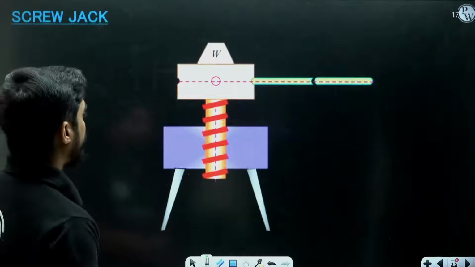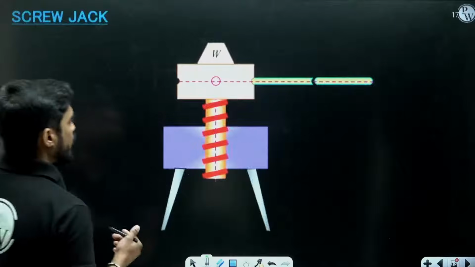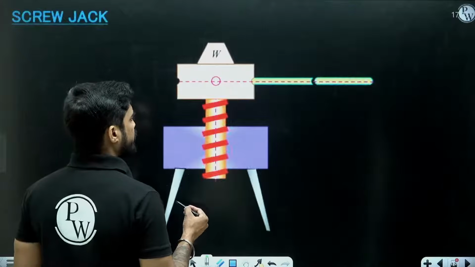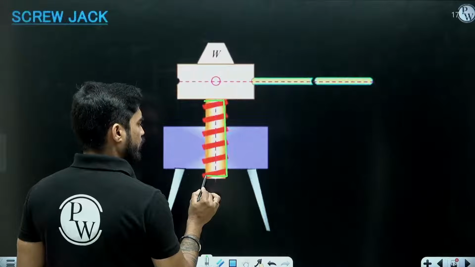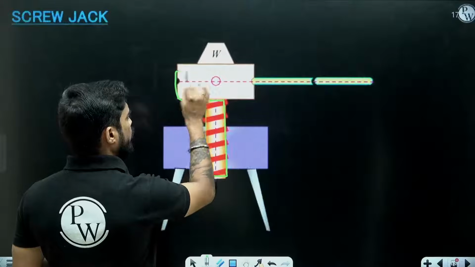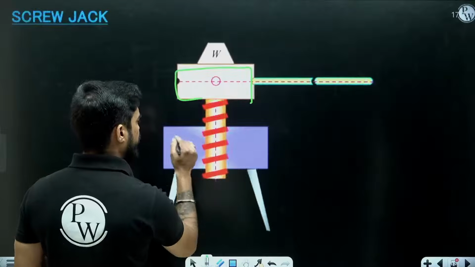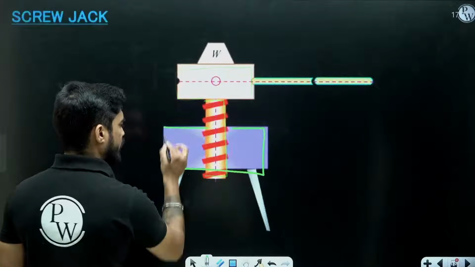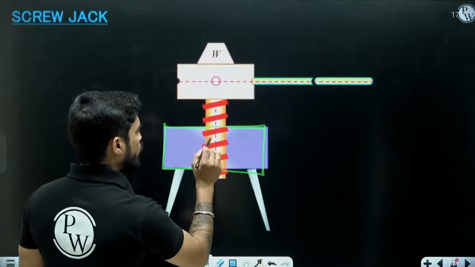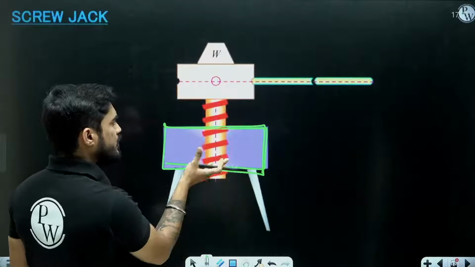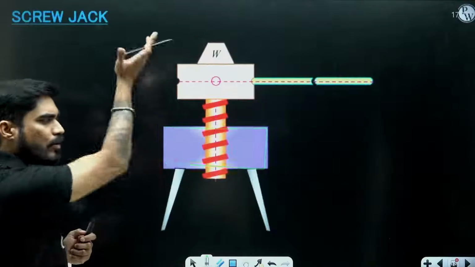Okay, now in case of screw jack, there is a screw which you need to rotate in nut. This is the nut. Okay, so if you rotate the screw in this nut, then this screw is going to go up or down.